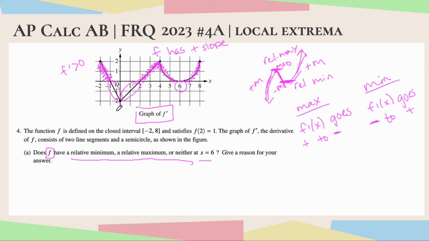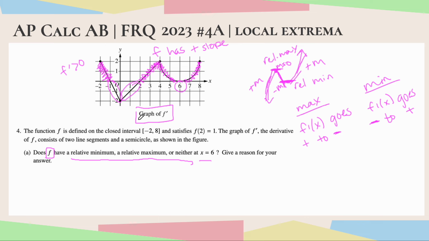So down here, this is where f has a negative slope. I'm going to repeat that one more time just because it's really, really important. So f prime represents the derivative, which gives us the slope of f. So when the output values of f prime are positive, that tells us f has a positive slope, and when the output values or y values of f prime are negative, that tells us that f has a negative slope.